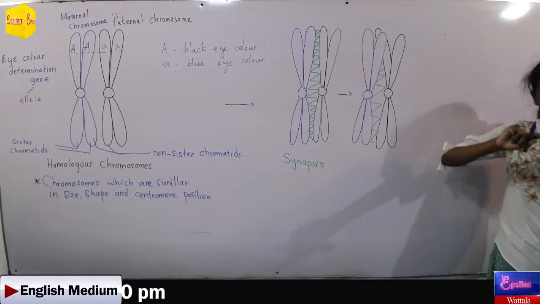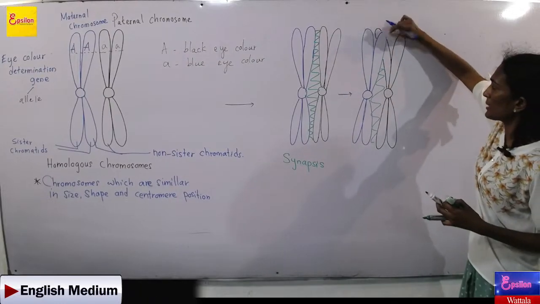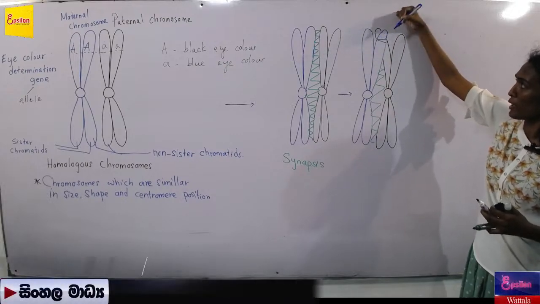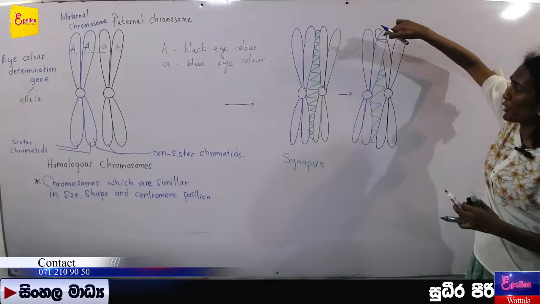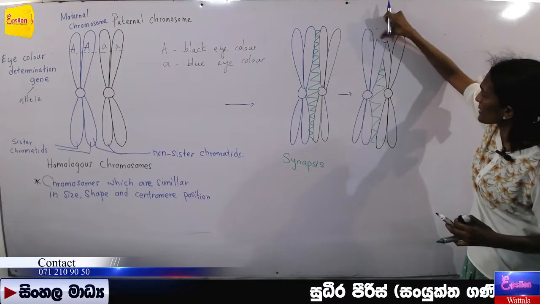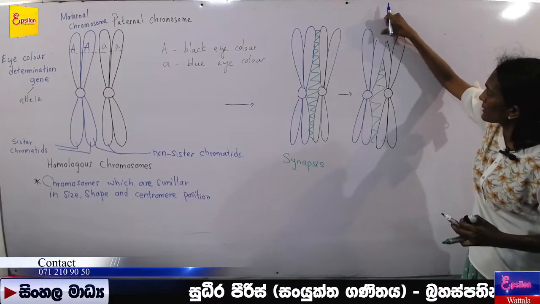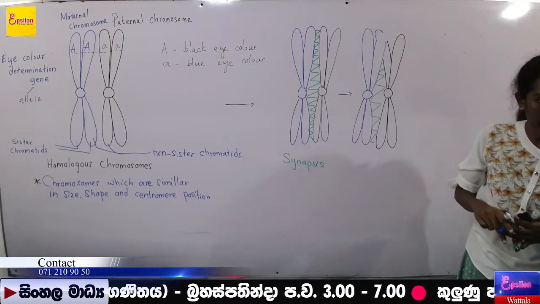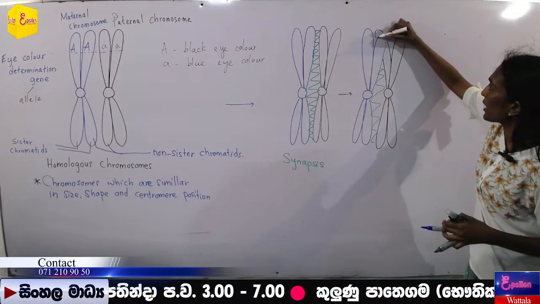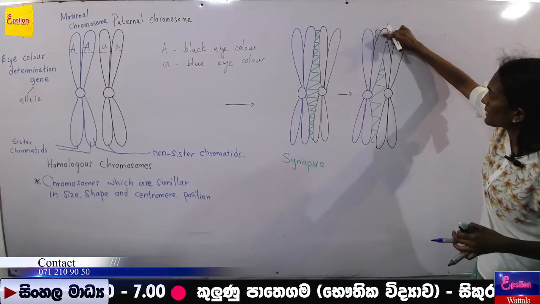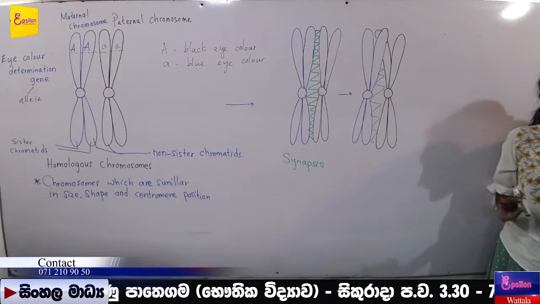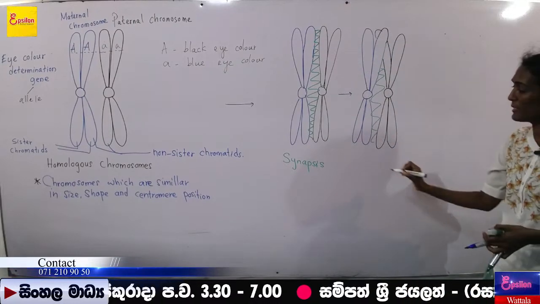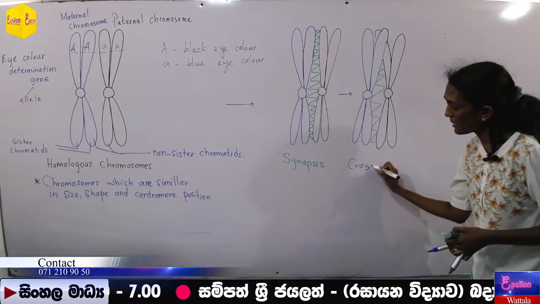So what's going to happen is, at this point, they are going to break. They are going to break. They are going to exchange. So the black color chromosome is going to get part of the blue color chromosome, and this one is going to get part of the black color chromosome. Break, exchange and rejoin. At those points, we call this process crossing over.